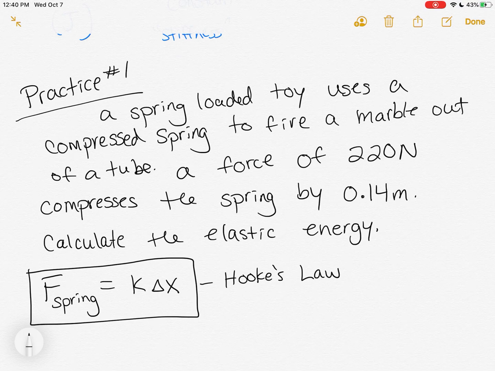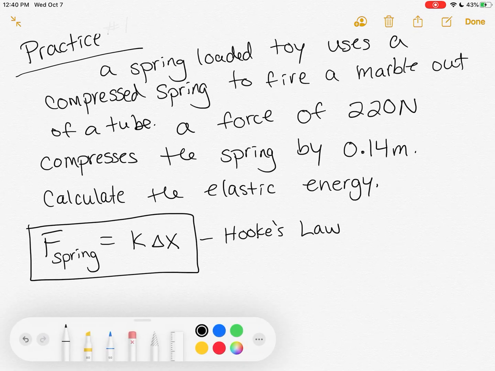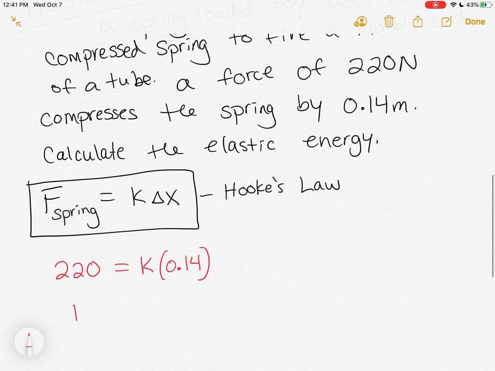With Hooke's law, the force of the spring is our spring constant times the deformation of the spring. So delta X is the same there. What that means in this question is that the force of the spring, 220 newtons, will be equal to our K times the deformation of our spring, which was 0.14 meters. That's going to allow us to calculate our value for K. So that's going to be 220 divided by our 0.14.